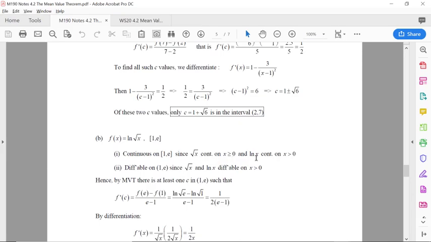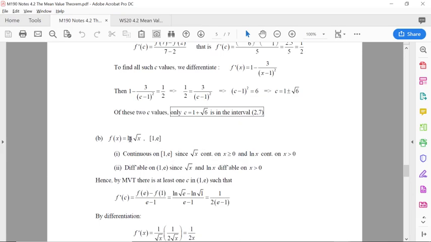But the natural log is continuous as long as the input is greater than 0. So as a whole, this is continuous if x is greater than 0. And the closed interval from 1 to e is contained within the larger open interval from 0 to infinity.